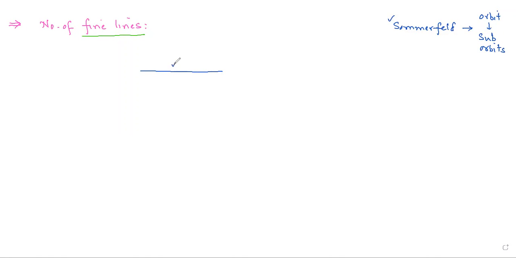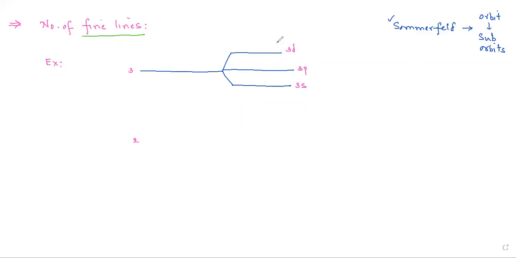Now, this is a spectral line. Suppose you consider this as the third orbit. The third orbit will have 3 suborbits. We know that they are 3s, 3p, 3d. I'm just going for the example straight away.